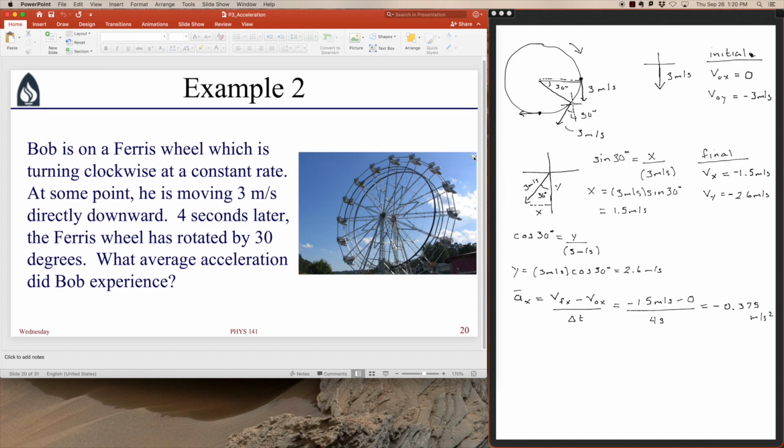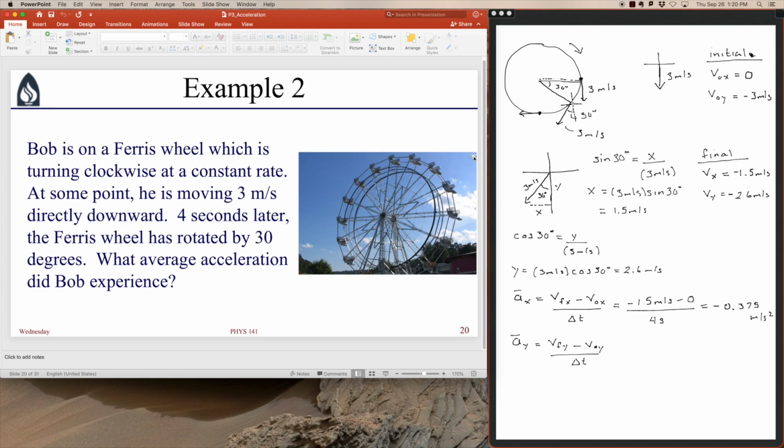And I can do the same thing in the y direction. So the average acceleration in the y direction is the final y velocity minus the initial y velocity divided by the change in time.